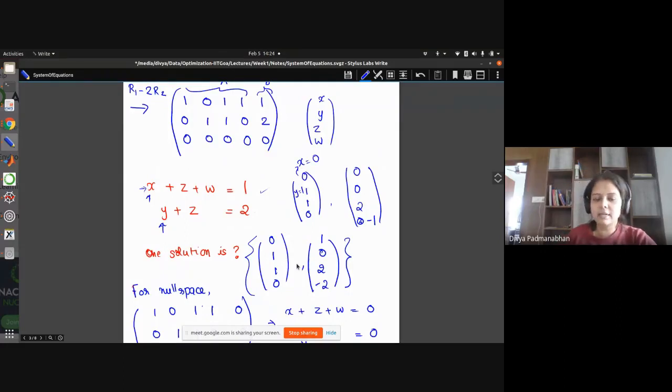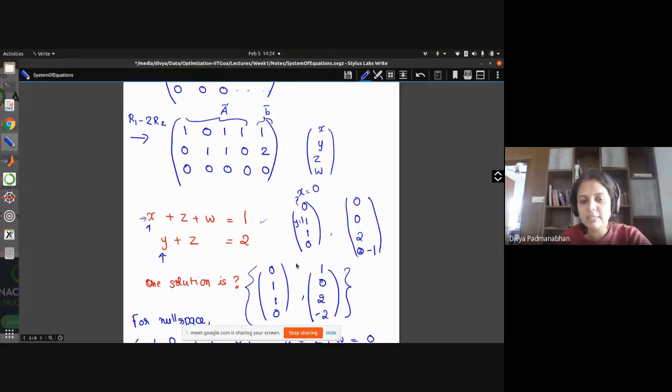You can understand that because when you do this set of operations, the resulting matrix has a number of non-zero rows which is 2. So there is one extra element here, which is non-empty, and the rank of this matrix A is 2.